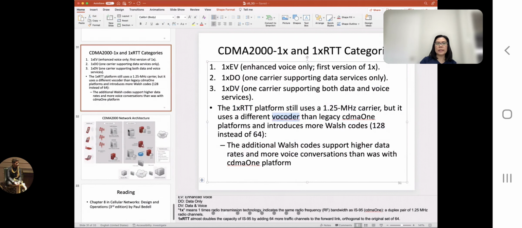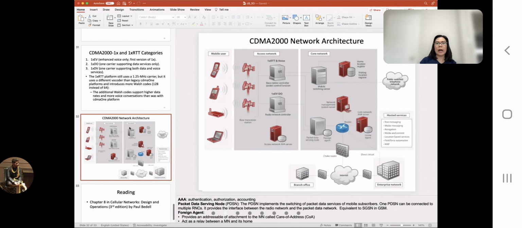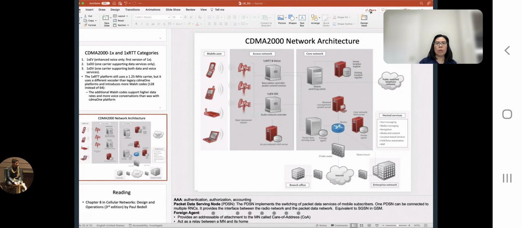Now this is the CDMA network architecture. It's very similar to the architecture we've seen before, and similar to the 2G network as well.